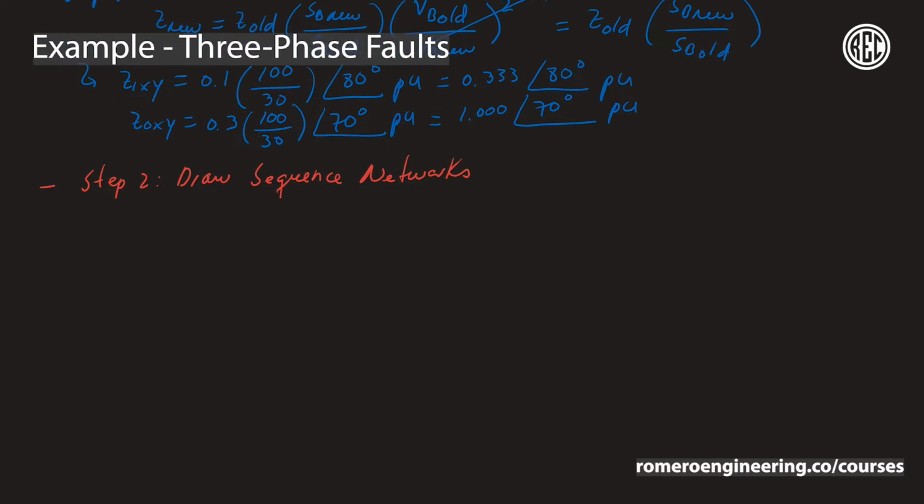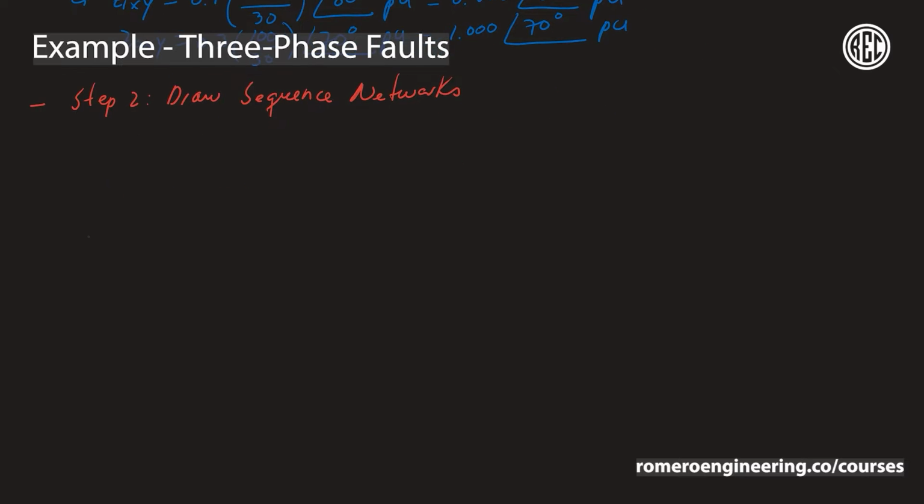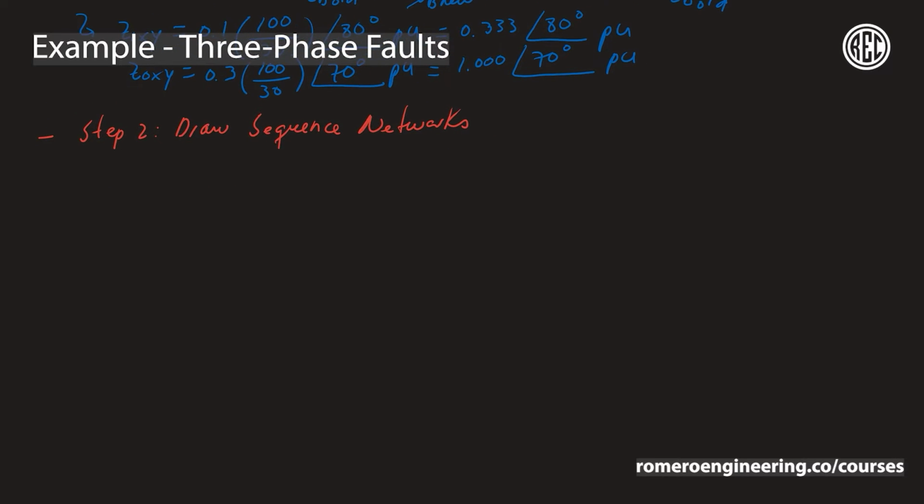So the positive sequence network is going to look like this. So we have N1 over here, and then we have our source, so minus plus over here. This is going to be V equals 1 at 0 degrees per unit. And then we have the source impedance of the system. And let me actually redraw this.